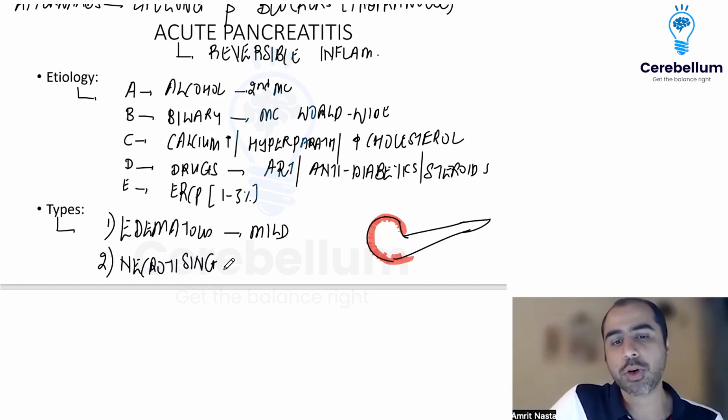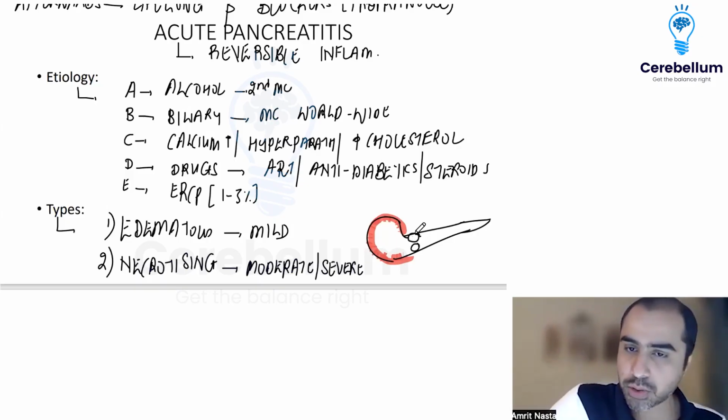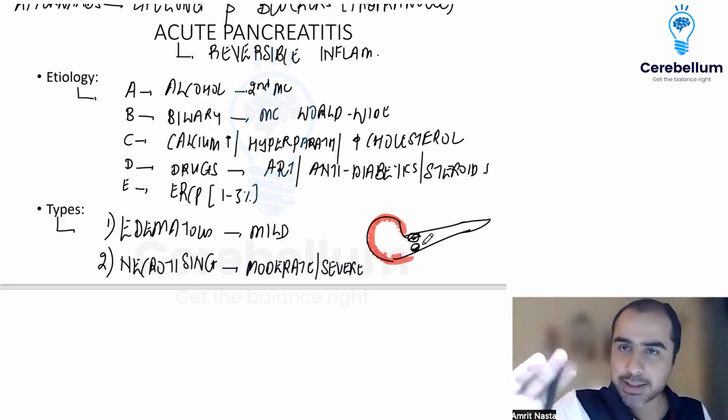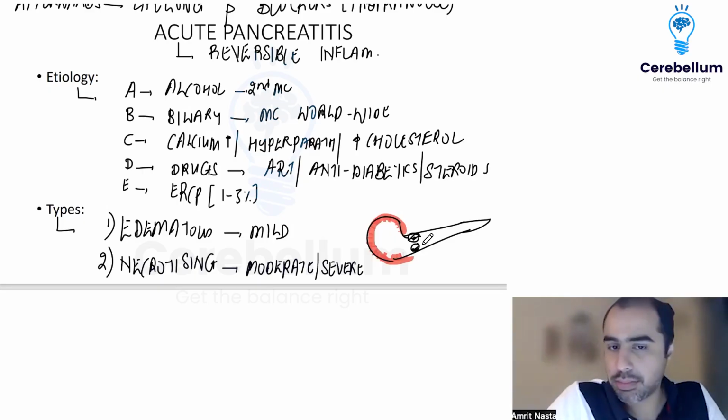So this is going to lead to moderate and sometimes even severe pancreatitis. Some part of the pancreas has now died. It has become ischemic, necrosed, gone, over. What is dead is gone. It's not going to come back. So edematous pancreatitis comes back to normal. Necrotizing pancreatitis, whatever is necrosed, is gone. These are the types.